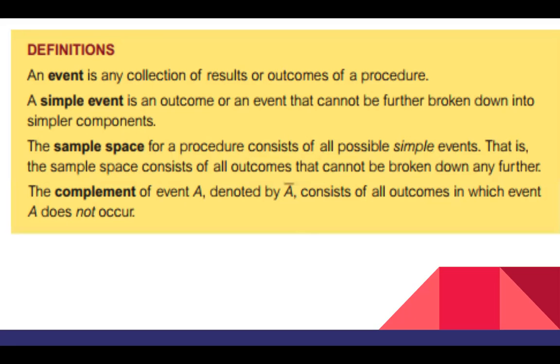So if there's a 1 out of 6 chance that you roll a 1 when you roll a die, then there's a 5 out of 6 chance, and that 5 out of 6 is the complement of event A. And it's important to understand that the complement of A and A itself must add up to 100% probability of it happening, right? Because if you roll a die, you have to have some sort of result.